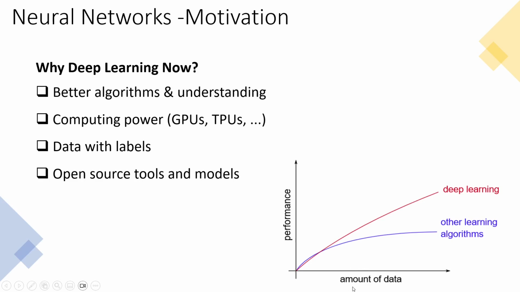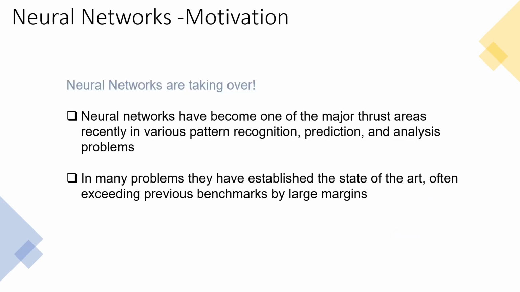As you increase the amount of your data, deep learning performs better and better. The performance of a deep learning algorithm increases if you can feed it with data. But with classical machine learning techniques, the performance saturates pretty quickly, so it doesn't increase too much. But if you have a lot of data with deep learning, you can get better and better results. So that's basically the difference.